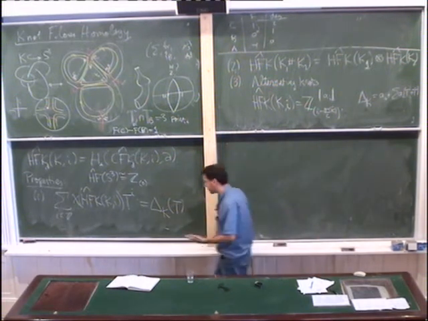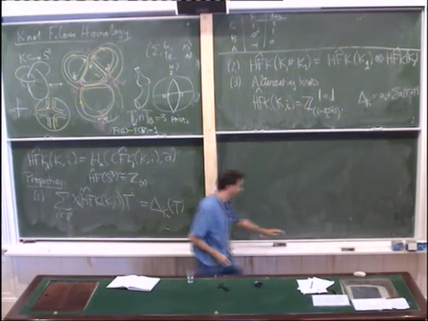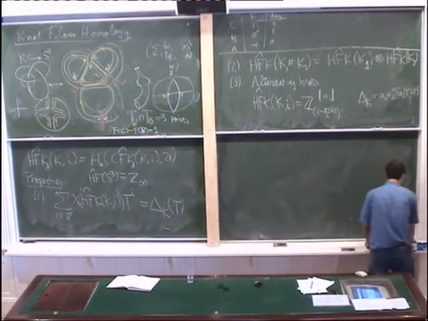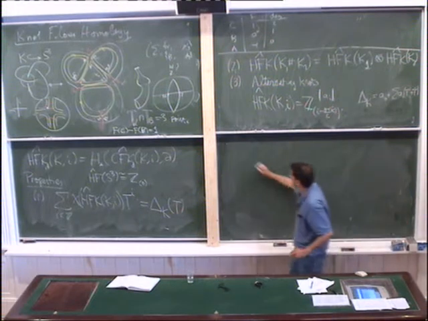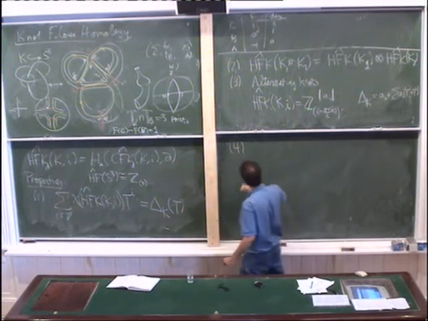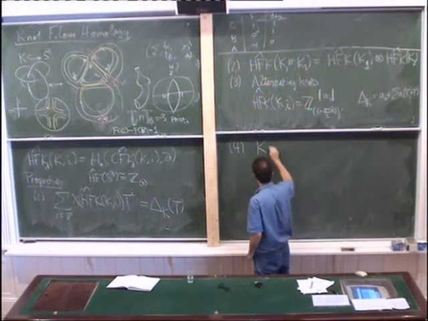So there's a slew of properties of the Alexander polynomial that you can generalize. And the next property is that K is a fibered knot.